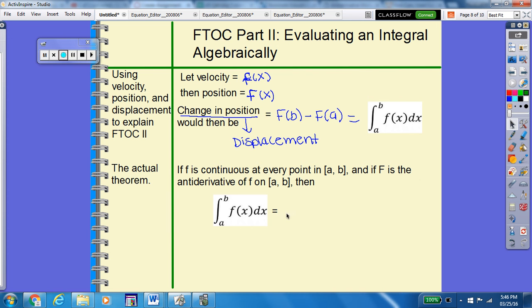This is the fundamental theorem of calculus, part 2. The actual theorem states that if f is continuous at every point in the interval a to b, and if capital F is the antiderivative of f on a to b, then the integral from a to b of f of x dx is simply, and I know you're going to think this is too easy to be true, but it is, the antiderivative at b, the top boundary, minus the antiderivative at a.